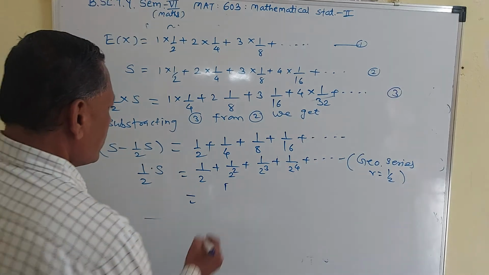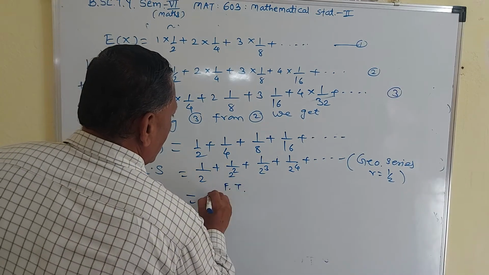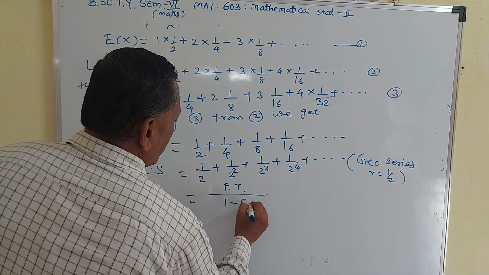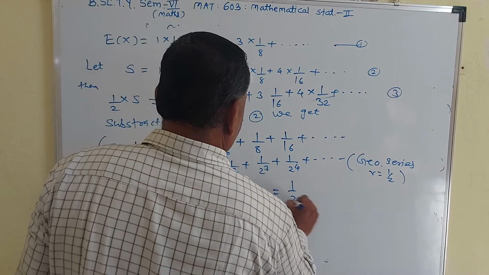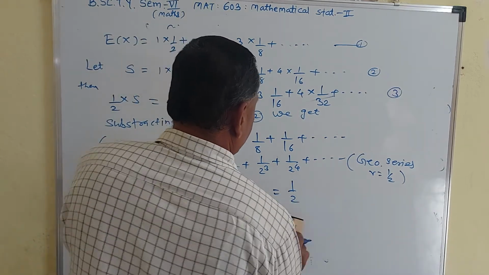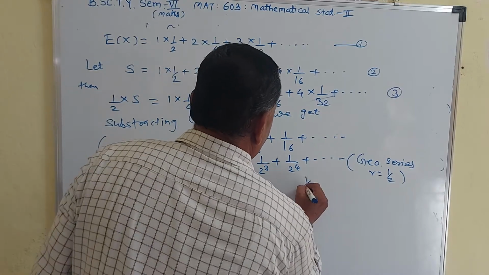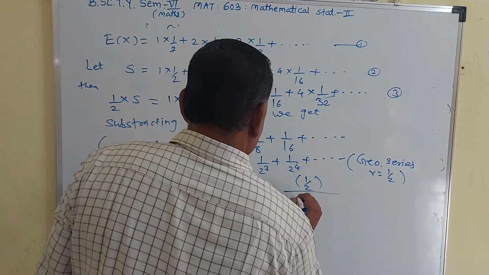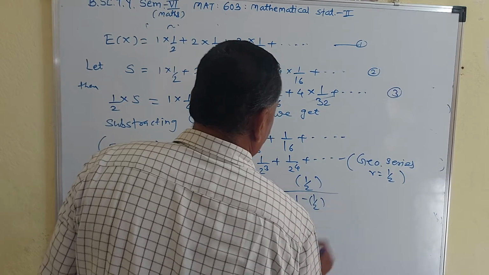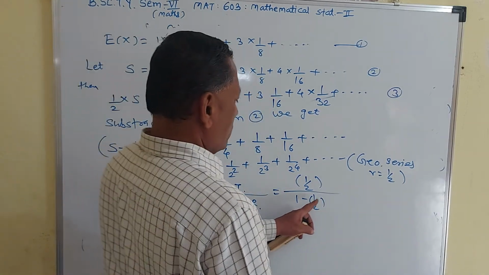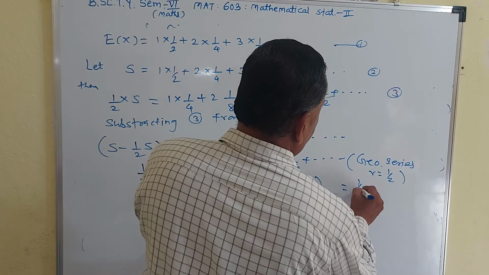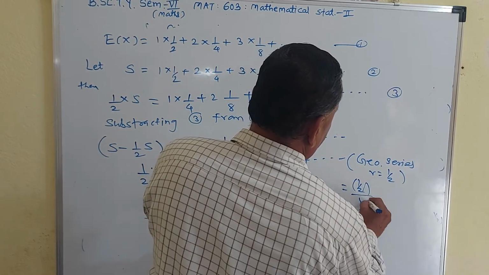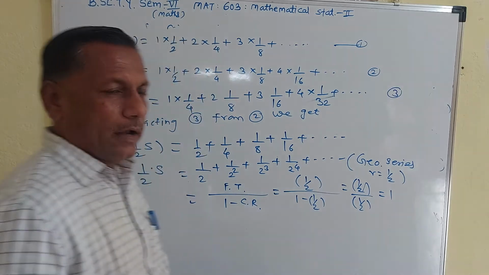Its summation is the first term upon 1 minus common ratio: the first term is 1 by 2 upon 1 minus common ratio, which is 1 minus 1 by 2, again 1 by 2. 1 by 2 upon 1 by 2 means 1.